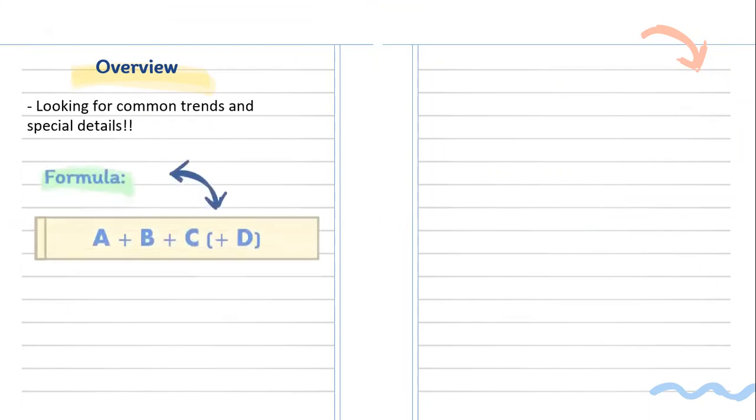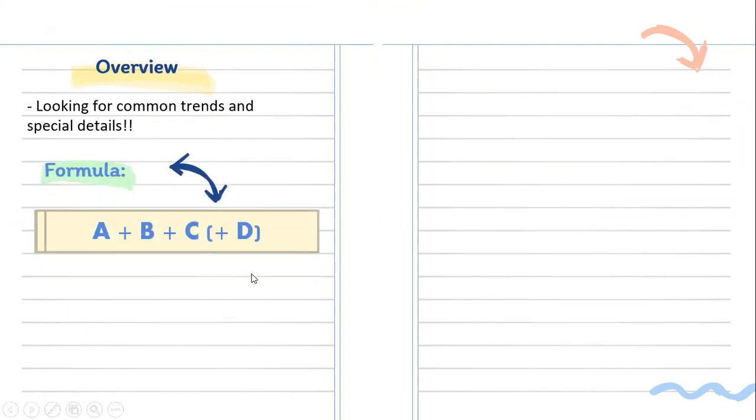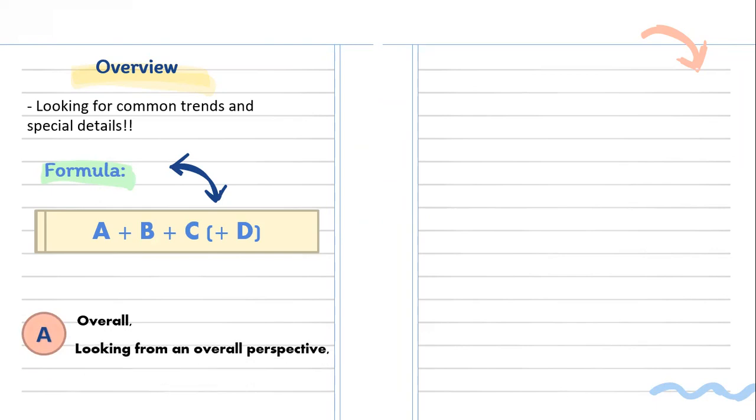Well, next, we would have an overview. Overview will look for some common trends and special details. What is it? We still have a formula, A plus B plus C, and probably plus D. A, we can have overall, comma, or looking from an overall perspective, comma. B would be, it is clear or obvious that blah, blah, blah.